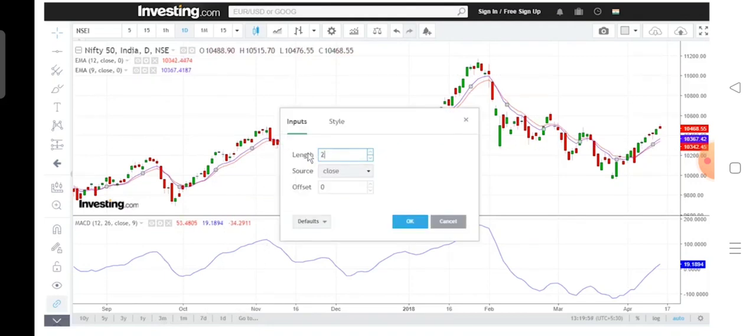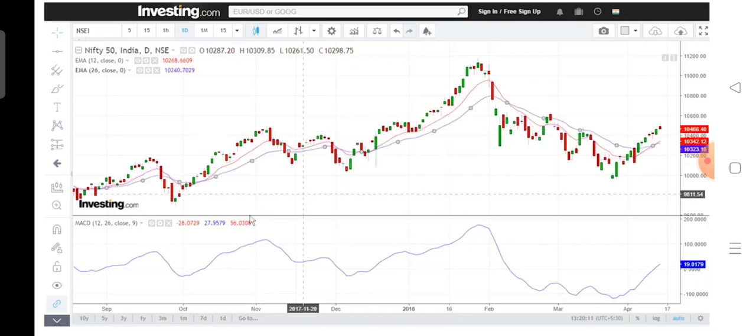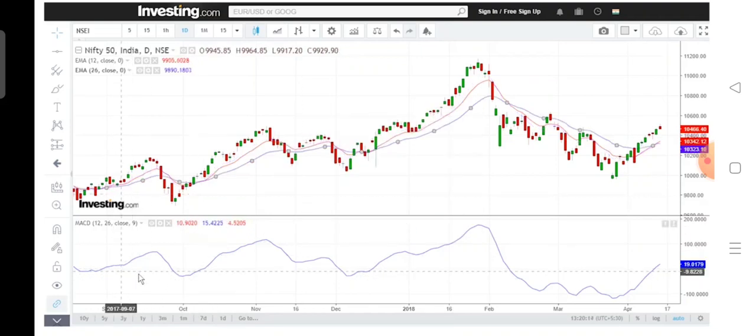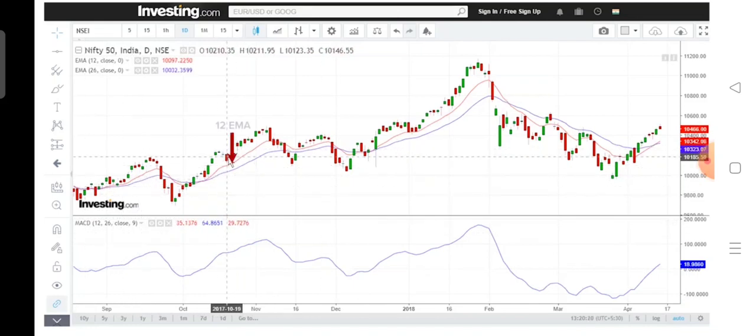Again you see the close here. Why are we mentioning close? Because we are taking the closing price to calculate the exponential moving averages. Now this MACD line is basically the difference between the 12 period exponential moving average, which is the red line, and the blue line, which is the 26 period exponential moving average.